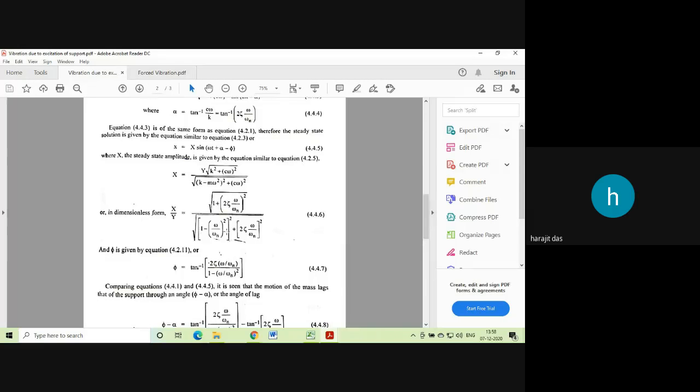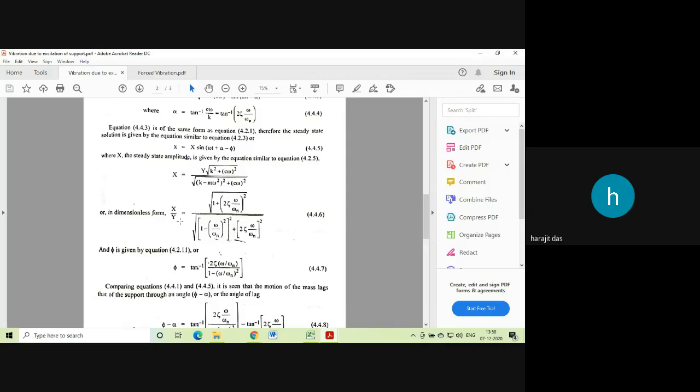But when omega is very much greater than omega n, then x by y will be equal to 0, or you can say the body is stationary at high frequency. The body will look very static, very stationary at high frequency.